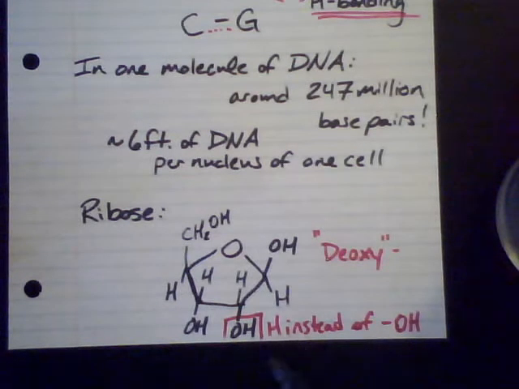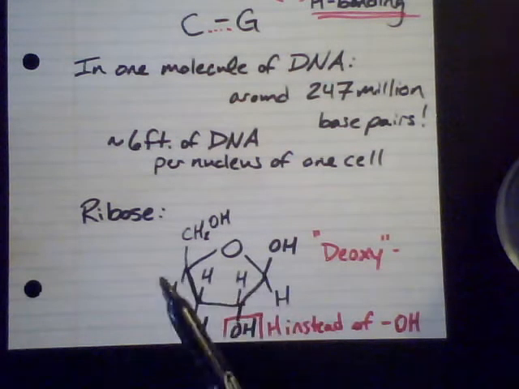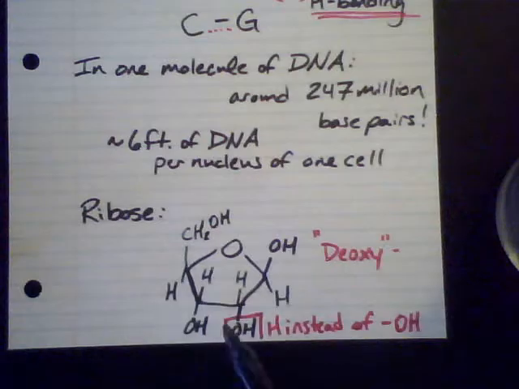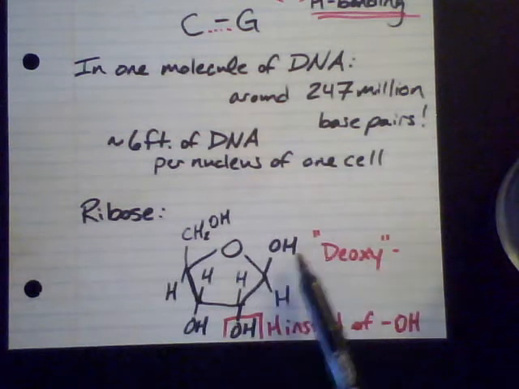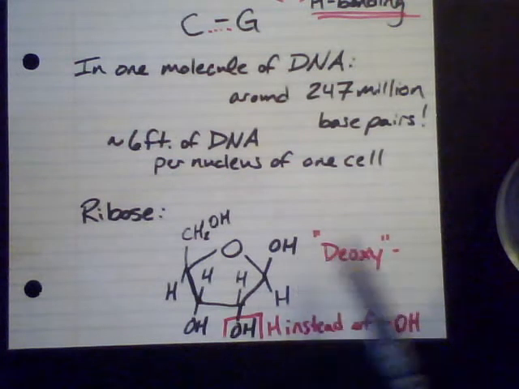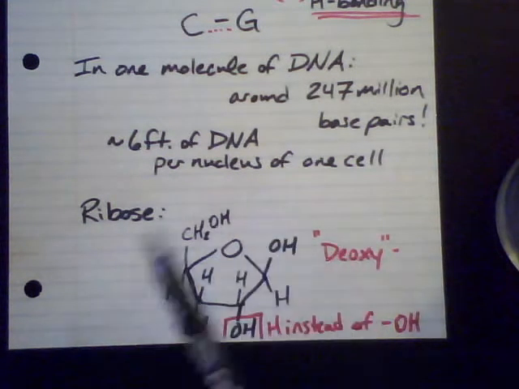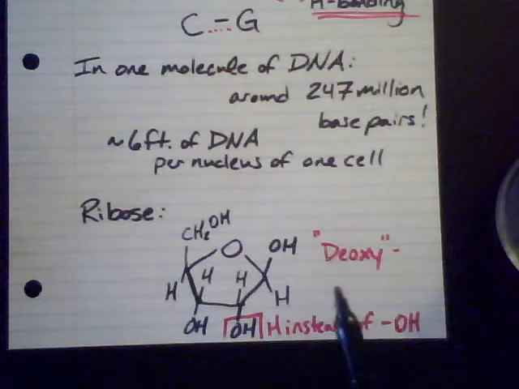That's the only difference between the two, is that one oxygen in that one location on this sugar backbone. And this sugar backbone has to do some chemistry with these other things in order to have the phosphate group sticking off of one side and the nitrogenous base on the other side. But this is just ribose kind of prior to doing some bonding and some chemistry with those things.